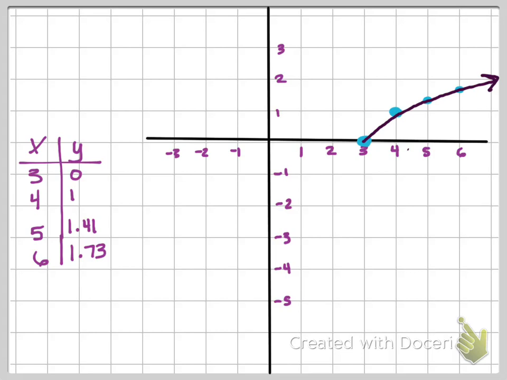Now, will I have numbers that are bigger than 6 and 1.73? Yeah, because I can plug in a number and I won't get a negative under the square root. Okay? So that's how you would graph functions with square roots. Okay? You've got to make sure you find the domain of x and solve from there. Okay? Lesson 12.1.